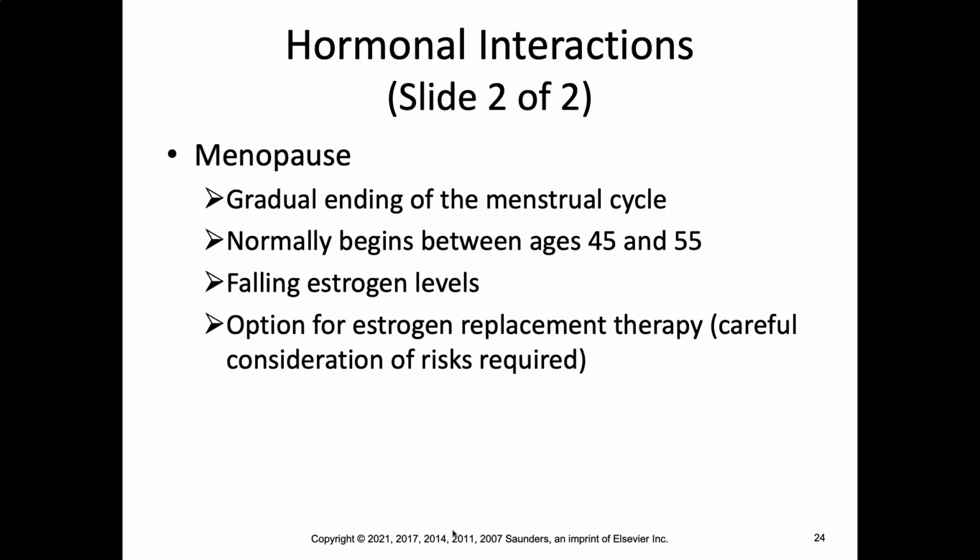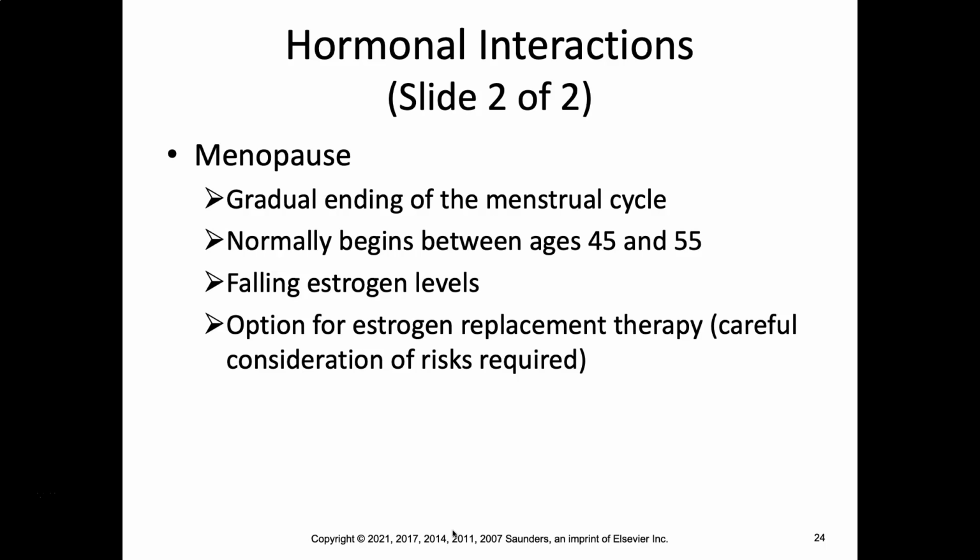So women who are going through menopause, estrogen helps with a lot of the symptoms that they experience from the stopping and the changes in all their hormones and whatnot, and those falling estrogen levels. But there is a definite known risk of breast cancer increasing with that.